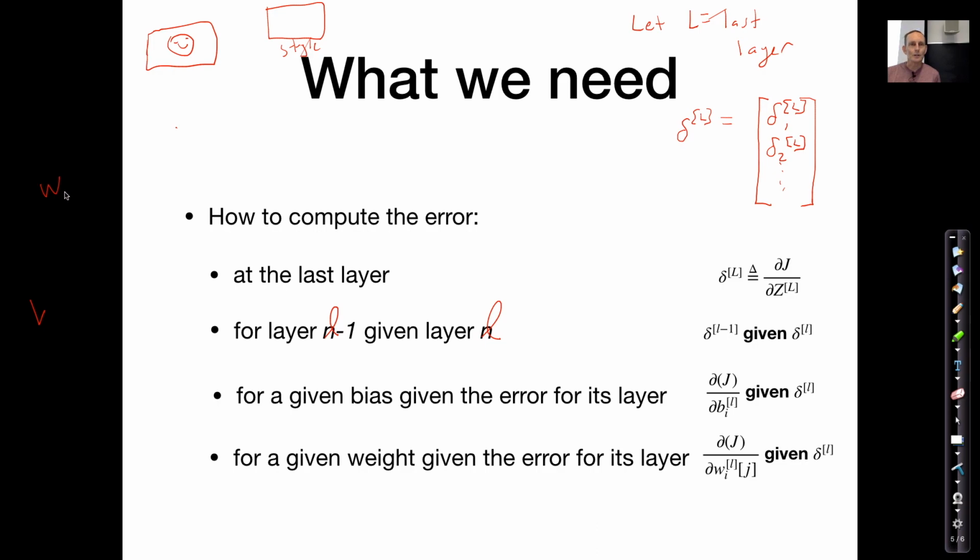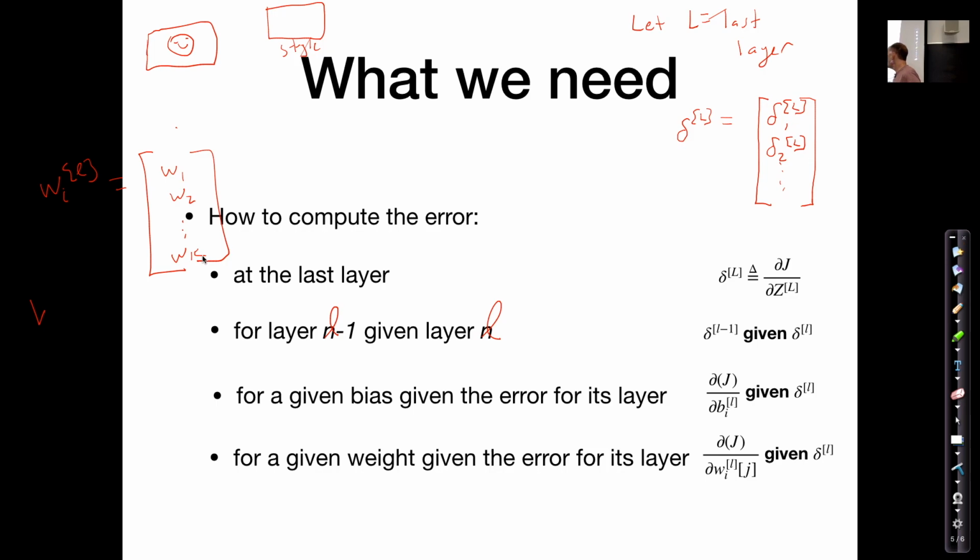So W_i at L has what form? It's not a number. It's a vector, right? So we've got a vector of W1, W2, all the way to W_K, because we've got to weight every incoming activation. So this just says the jth one.